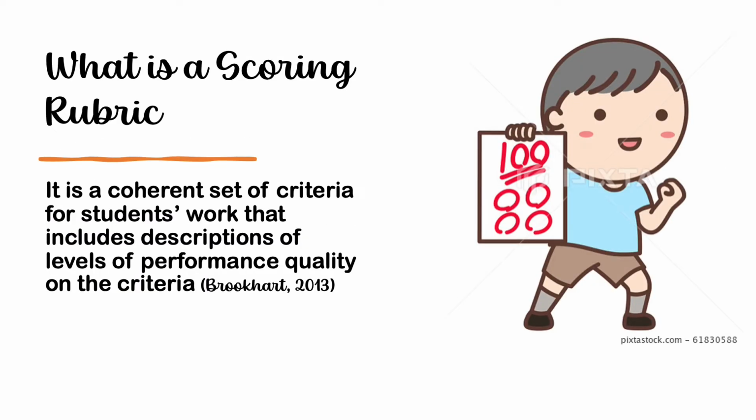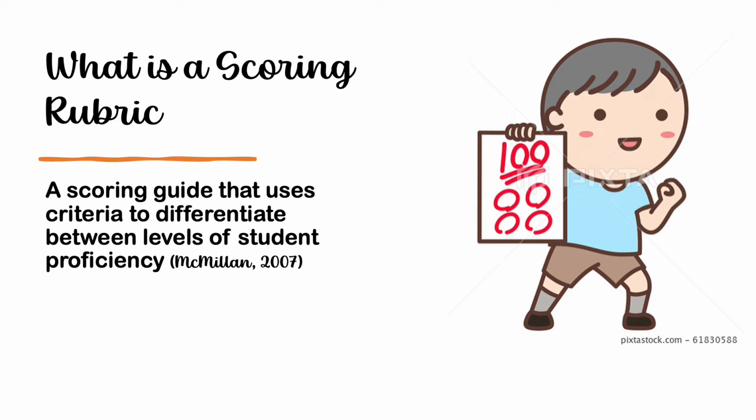What is a scoring rubric? Let us look into some of the important definitions from different scholars and different sources. According to Brookhart in 2013, a scoring rubric is a coherent set of criteria for a student's work that includes description of levels of performance quality on the criteria. Next one, a scoring guide that uses criteria to differentiate between levels of students' proficiency, that is from Macmillan in 2007.